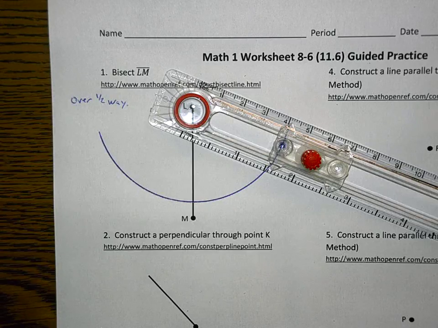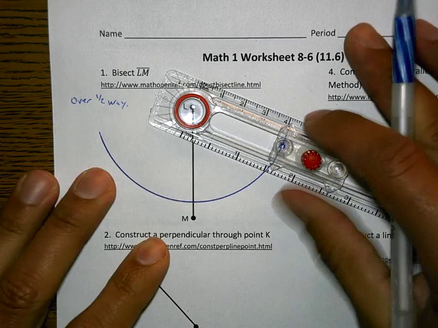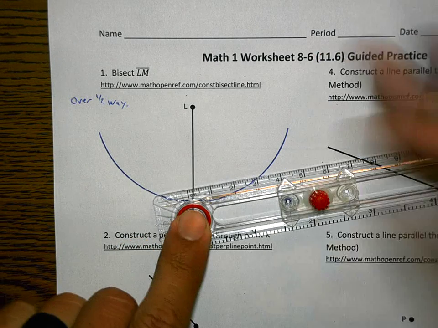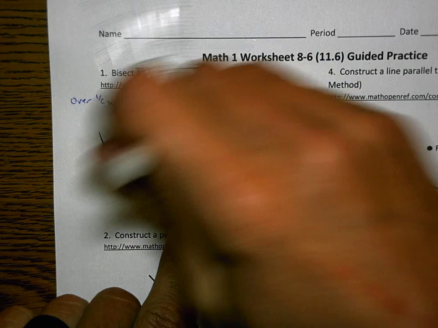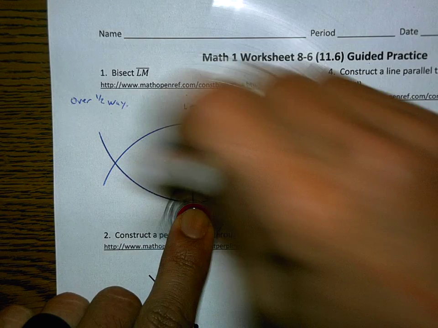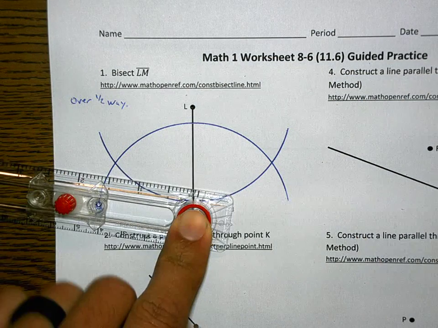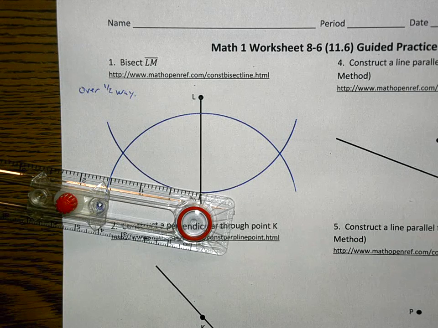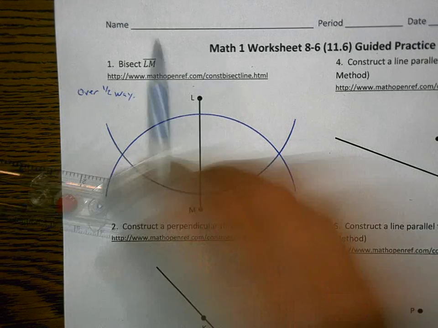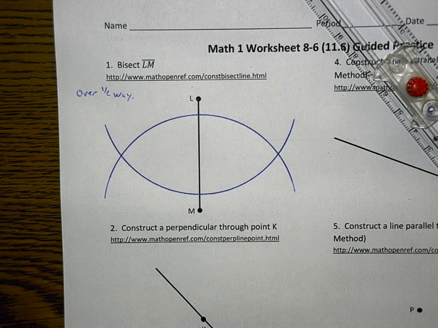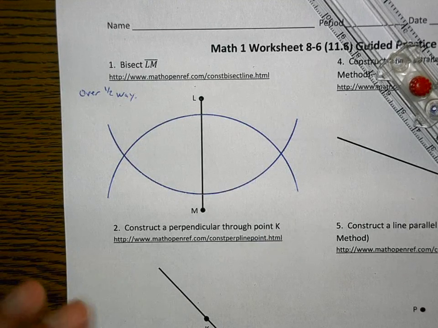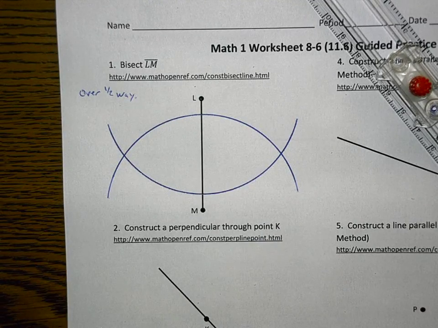Where's the bullseye go next? M. So you're going to do it from either one, and you want the distances to be the same. If you have the same distance, they are equidistant from the same point. Now I have the same distance and it's over halfway. If it wasn't over halfway, you wouldn't have these two intersections. You'd get two circles that were the same as each other.